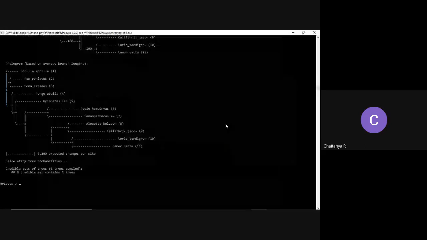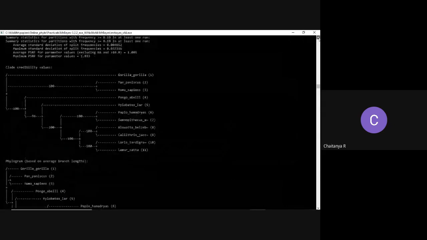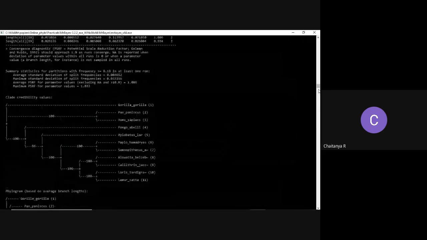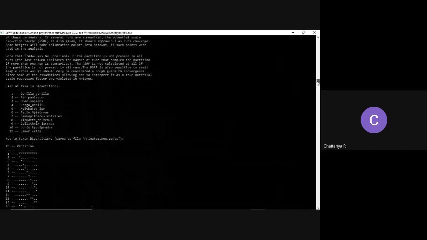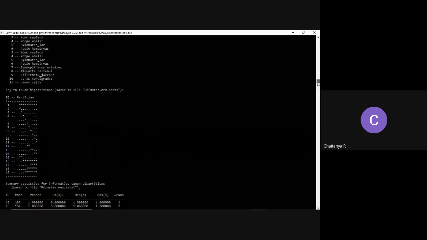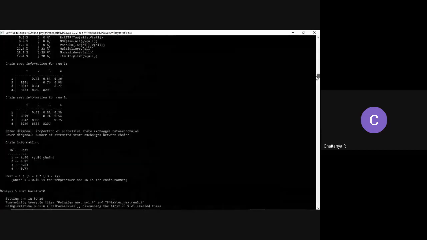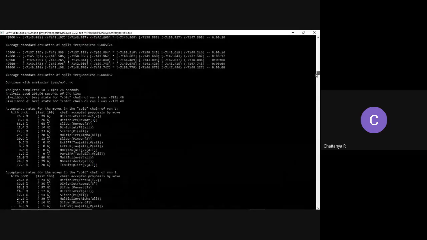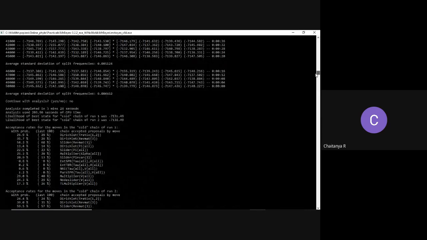Yeah, or there's another way of doing it, a little more convoluted. Because you have run only 50,000 generations, we can actually go back to the run, which has the summary statistics and all of that. If you go back to the run, you can see at what stage of your run the average standard deviation of split frequencies gets to less than 0.01, right?